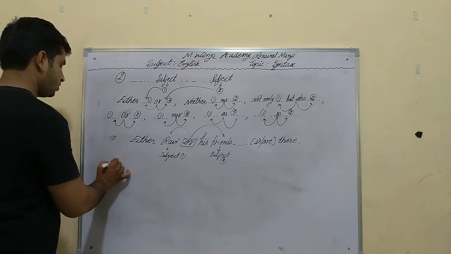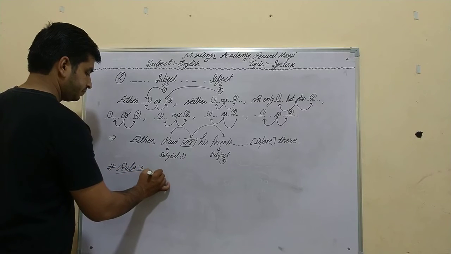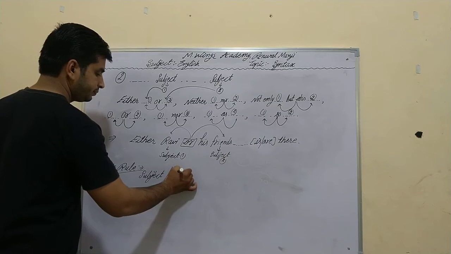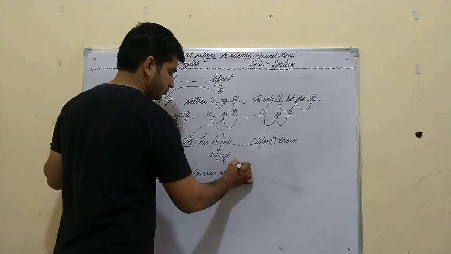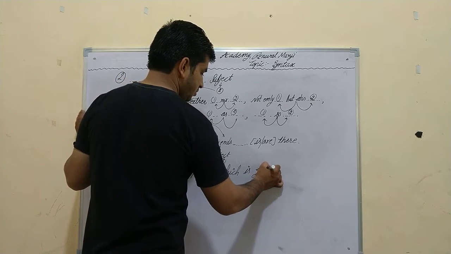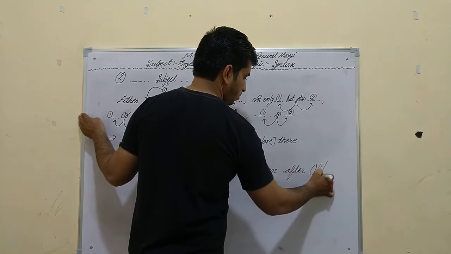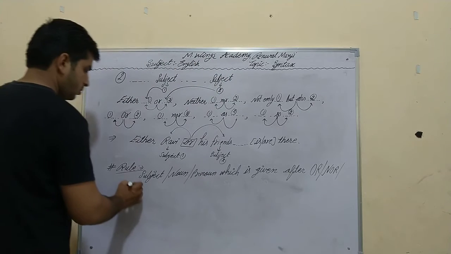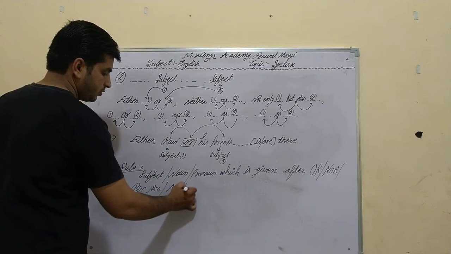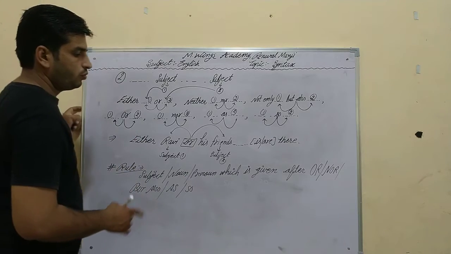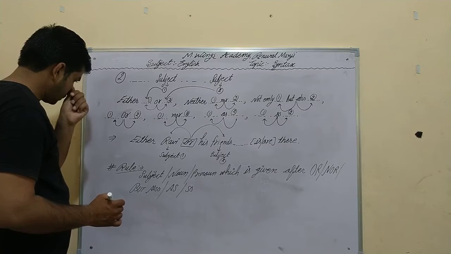So what is the rule? The rule is: the subject, noun or pronoun, which is given after or, nor, but also, is, so.